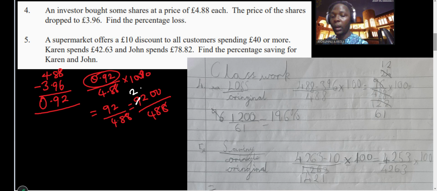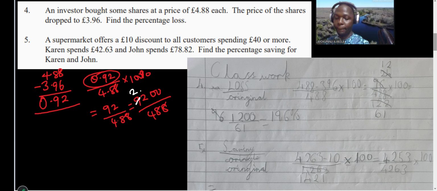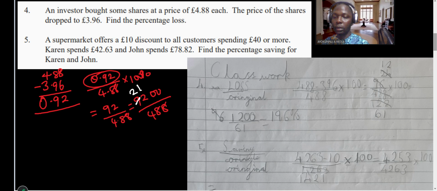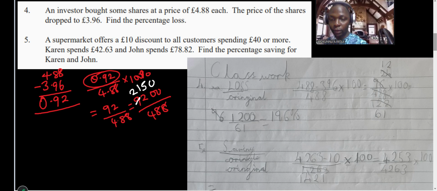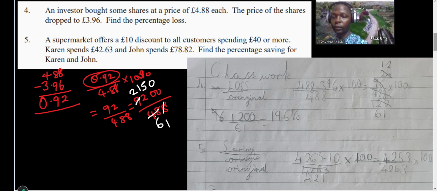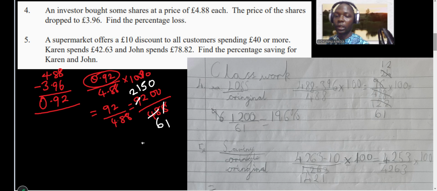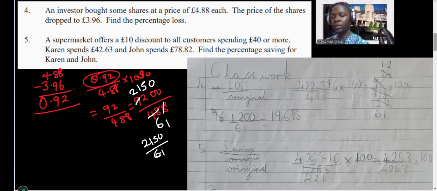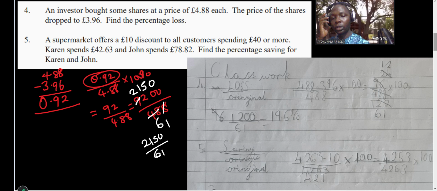So we can now say how many 61 goes in 320? That's about 5. You have to put a point. So 61 times 5 is what? That should be 305, right? So 305 from 320, that's 15 remaining. So how many 61 will go in 150?